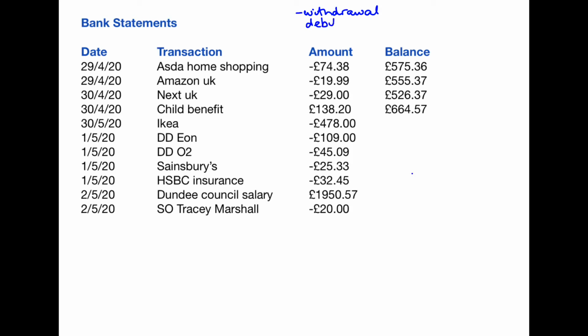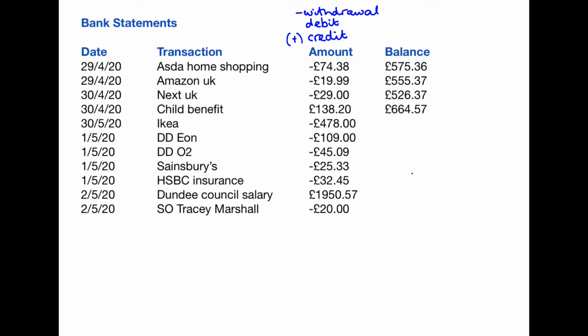A debit is something that's removed. If it's positive, it doesn't say plus, but it doesn't have a minus with it. I'll just put that plus in brackets, and that's called a credit, or money that's been paid in to the account.